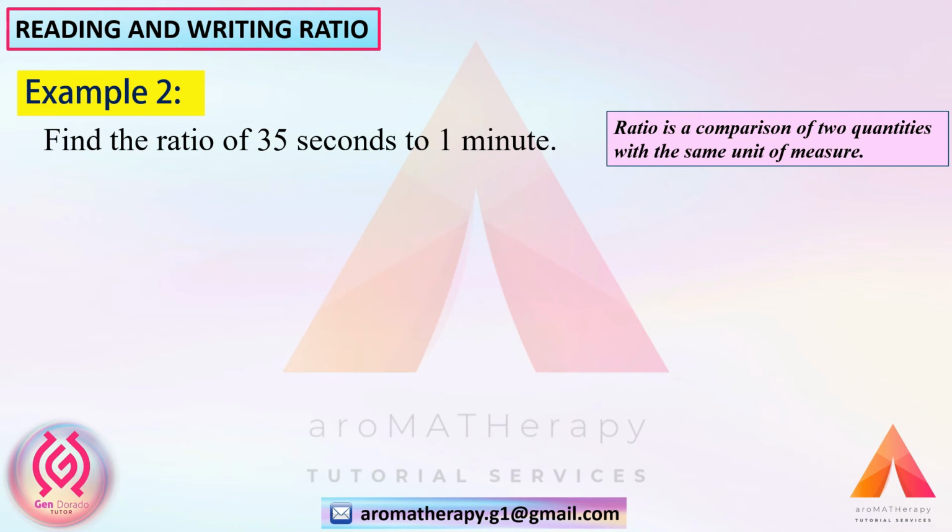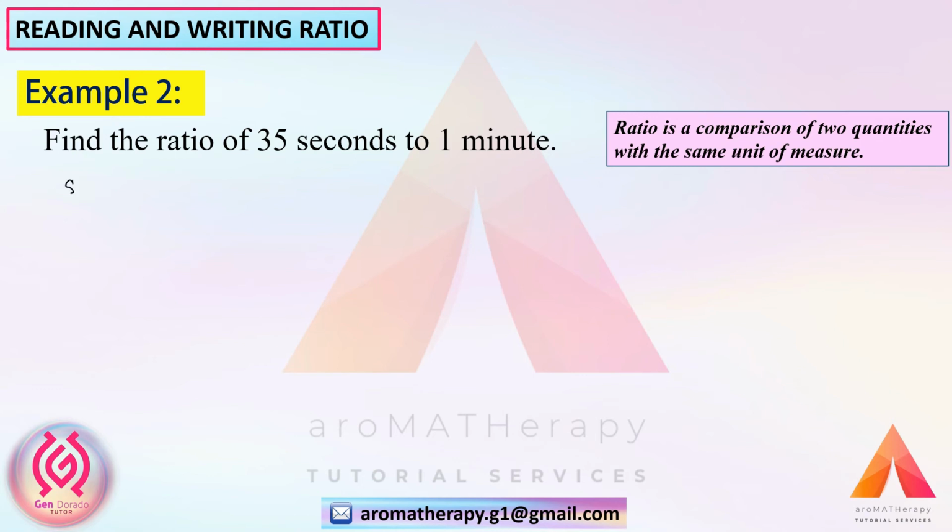For the first quantity, you have 35 seconds. For the second quantity, you have 1 minute. So therefore, we need to convert one of the quantities so that they are equal in unit. Understood? It is easier if we convert 1 minute to seconds.